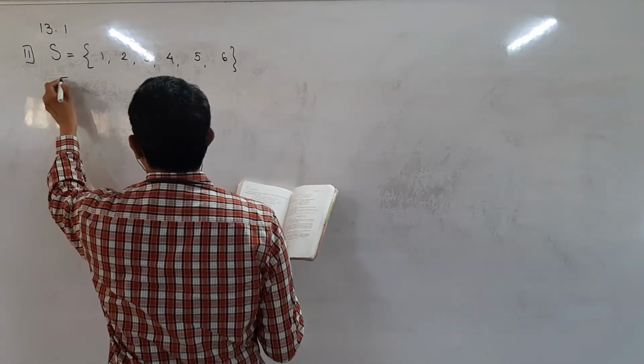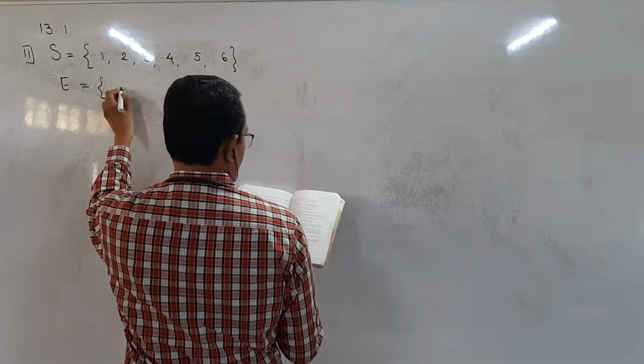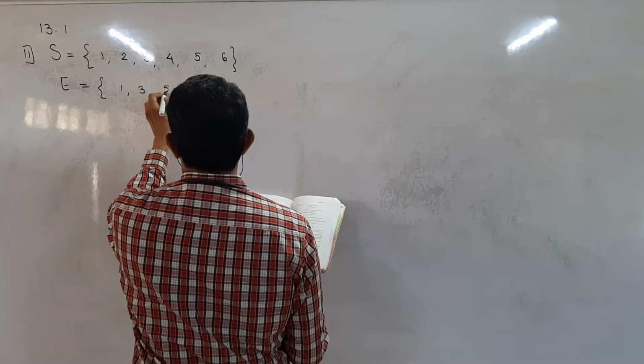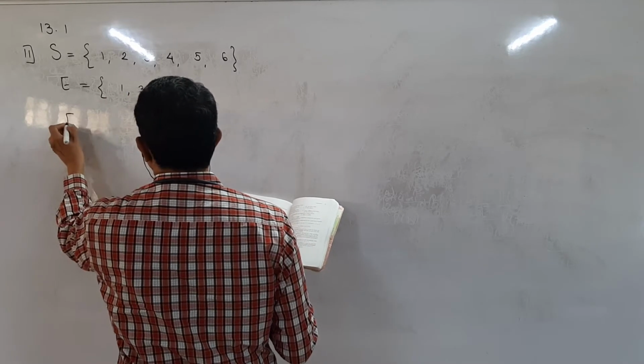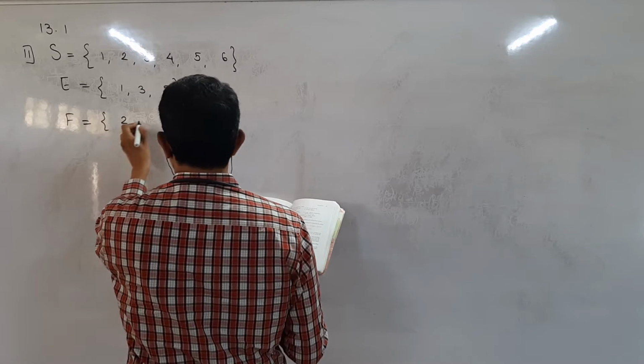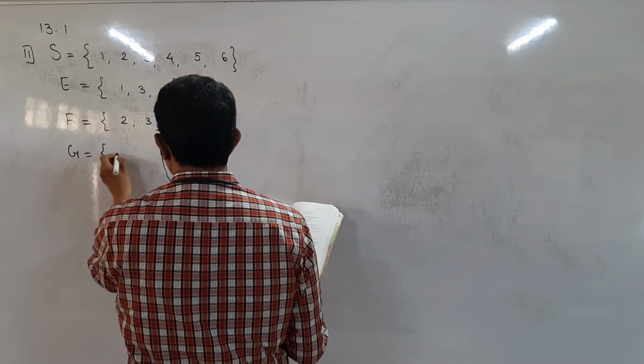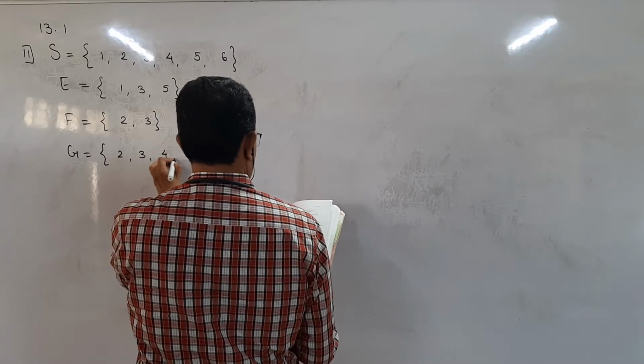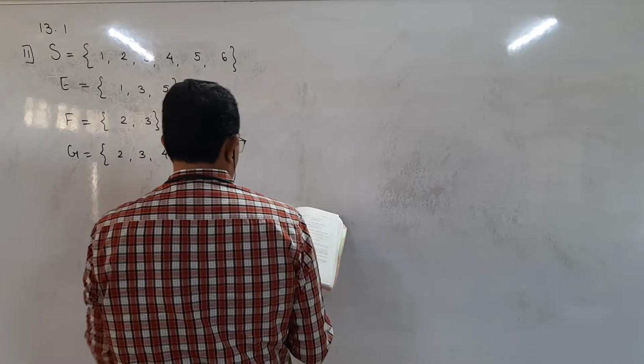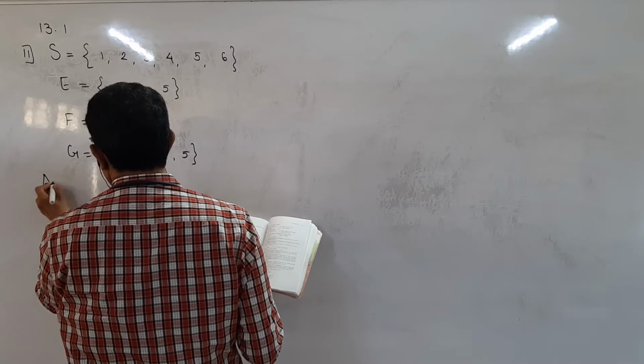Now events E, F and G are as given. Event E is 1, 3, 5, so an odd integer appears. Event F is 2, 3. Event G is 2, 3, 4, 5. Find the following probabilities.